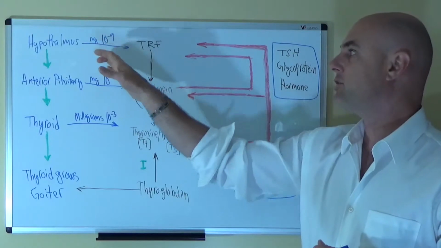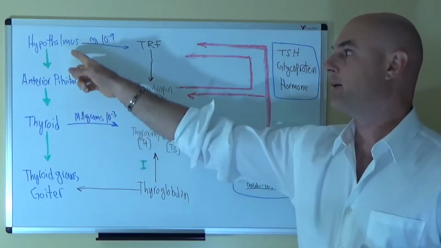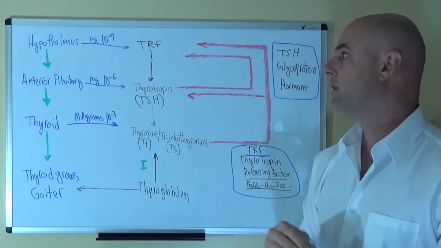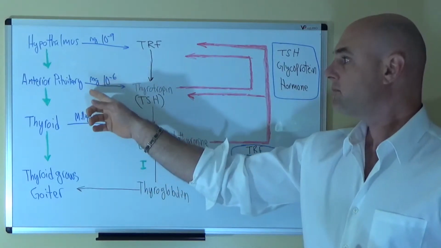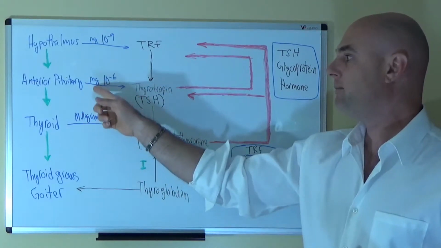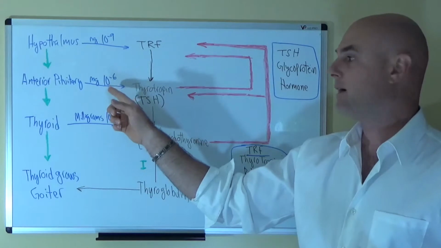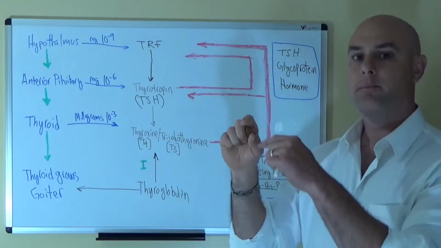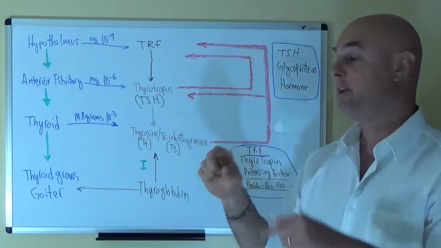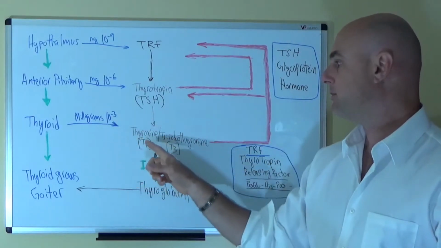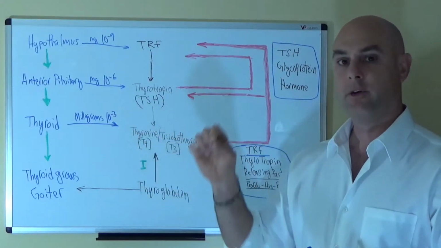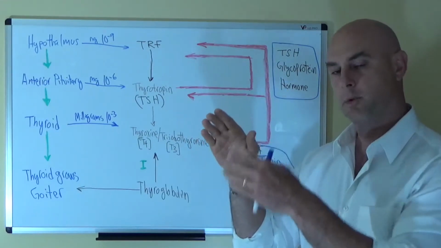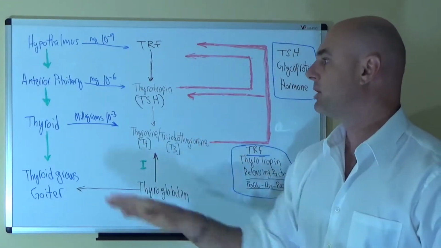That's how much TRF is secreted by the hypothalamus. This is a vanishing amount of hormone. And thyrotropin here is 10 to the -6, so that's micrograms. So take the gram, move the decimal place to the left 6, and then the milligrams here for T4 and T3. So you take again the gram and you move the decimal place to the left 3 places.